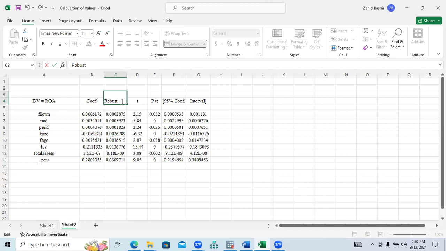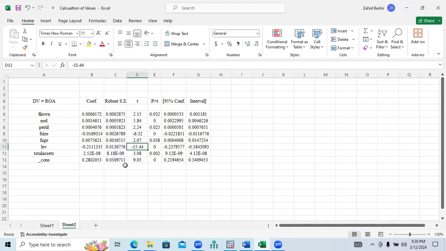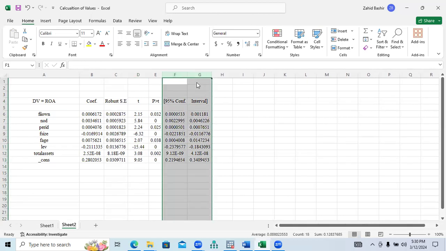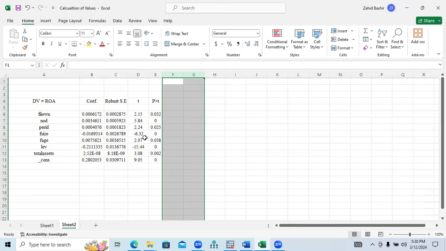Robust standard error, you can rewrite them in the following way. All right. You can erase these two columns. These are basically not required in APA style of table. The only columns which are required here, these are the columns.